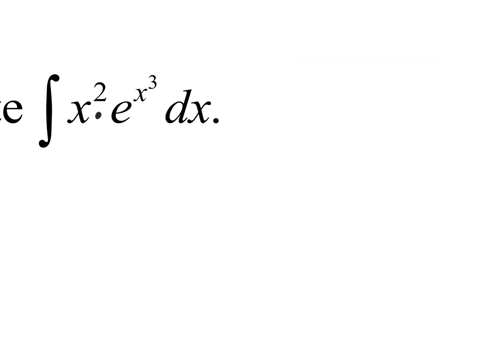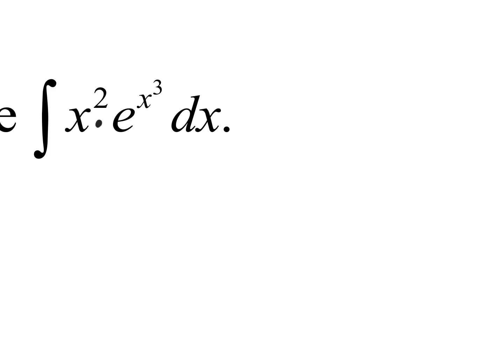So when you're looking at that, this is what you want to pick for your u. Pick that one. Don't worry about the x squared. It will take care of itself. Just worry about these two things. You're picking the x cubed because it has a higher power. And we know when we take the derivative of an x cubed, it turns into a square thing.